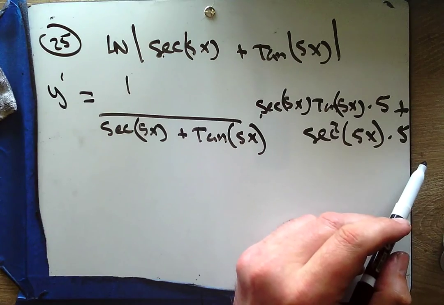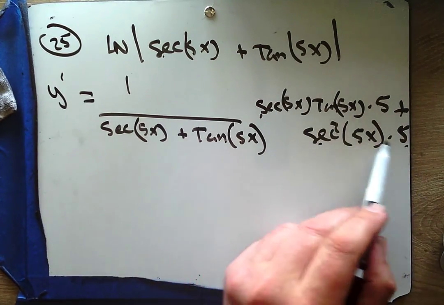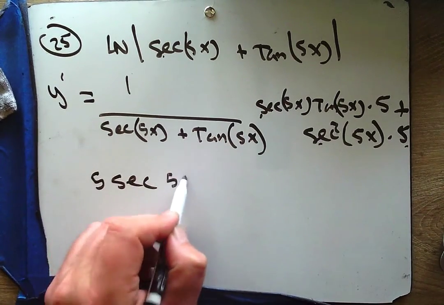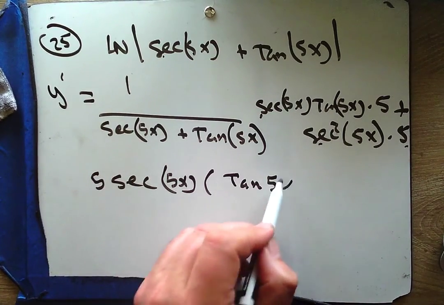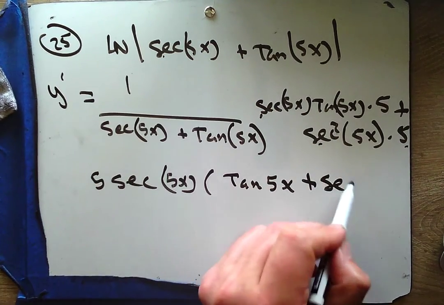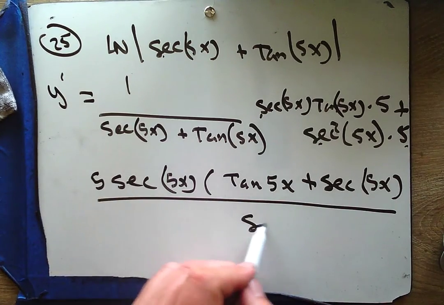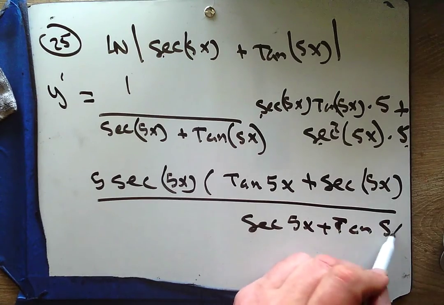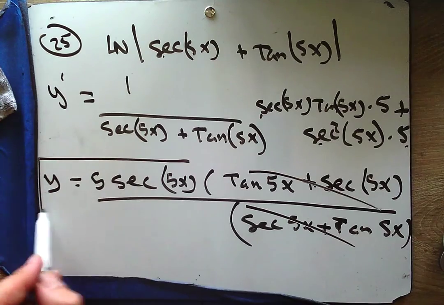You know, I see a 5 secant 5x and I see a 5 secant 5x. And so if I take out a 5 secant 5x, I'm going to be left with a tangent 5x plus, ooh, I took one of these, I still have one. And then on the bottom, we've got secant 5x plus tangent 5x. Those are the same. And so that's a very tidy y prime.